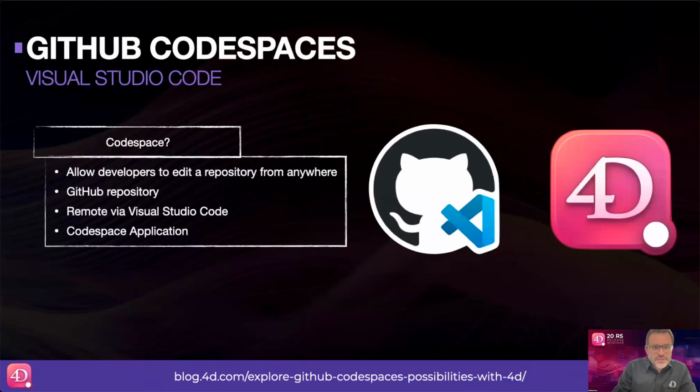Let's proceed with GitHub Codespaces, for those truly embracing modern development practices, with the integration of 4D into GitHub Codespaces. This is a very cool way for you to debug, to patch, to develop from anywhere with an internet connection.